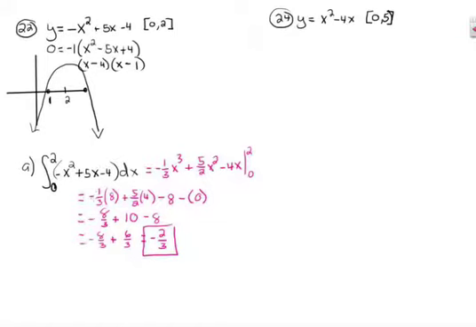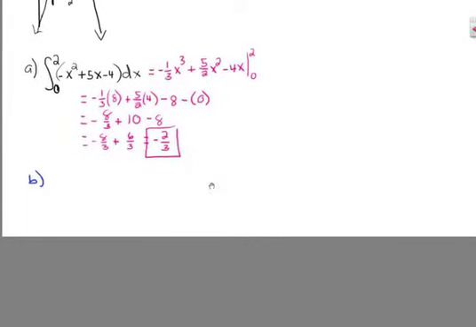Alright, so that's part A. Now part B says, what's the total area? So now I need to do this in 2 pieces. And I don't know if I gave myself enough room. Well, at least set it up.